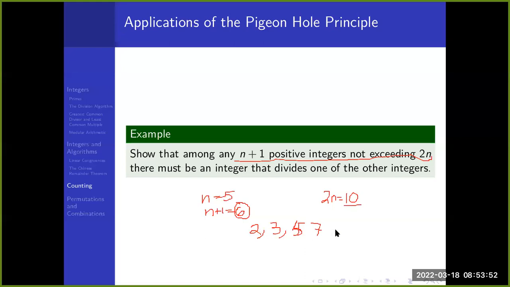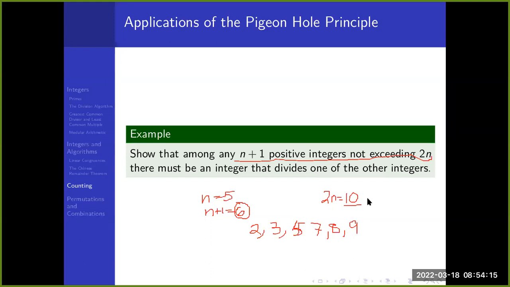We need 2 more. 11, let's say. So I can pick 8 and 9. So already I have 2 divides 8 and also 3 divides 9. So at least there must be an integer which divides the others.